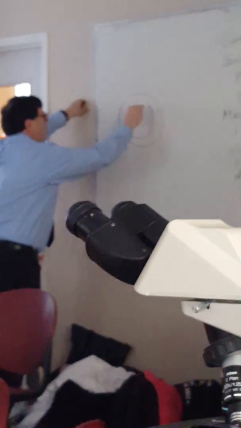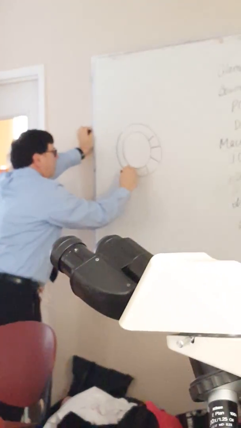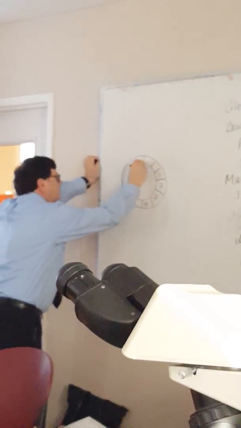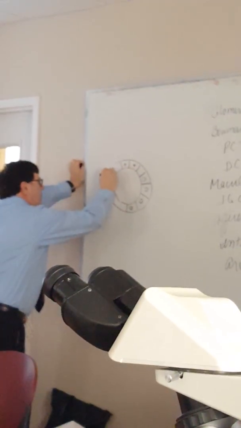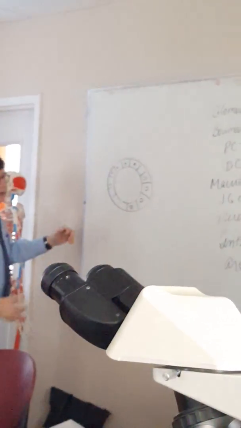If you're looking at the DCT, it's not going to have a brush border. It's going to tend to have a larger lumen, and it's going to have a neater appearance. It's going to stain a little bit differently also. Many times it'll stain a little bit lighter than PCT. Okay, so that might be what the DCT looks like.